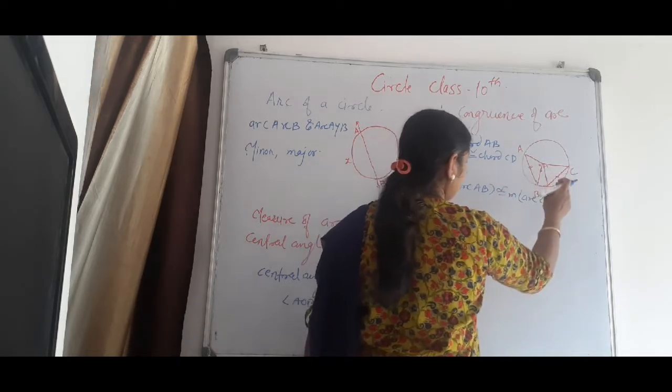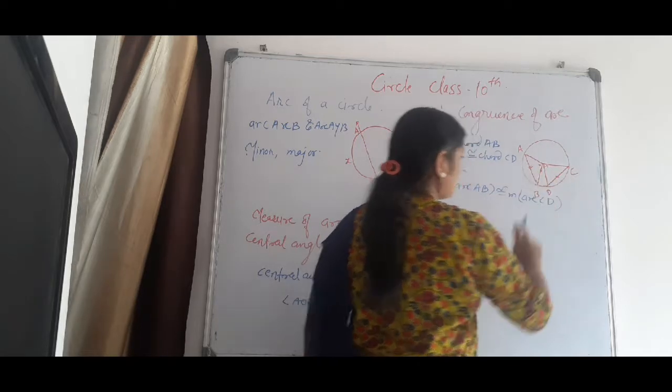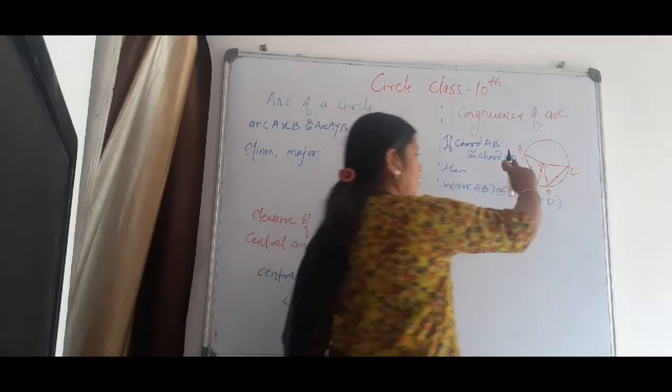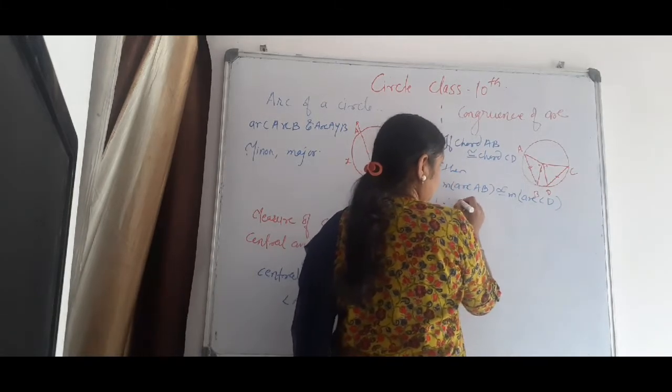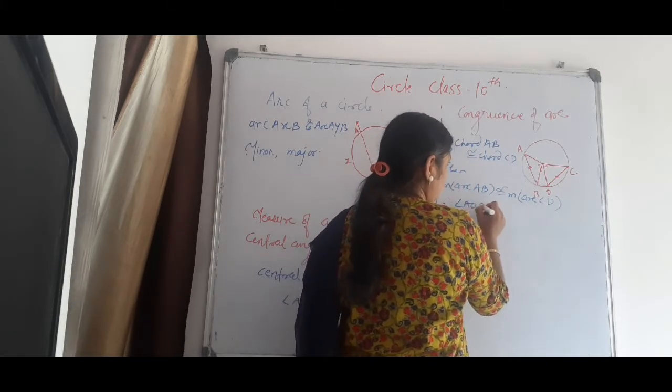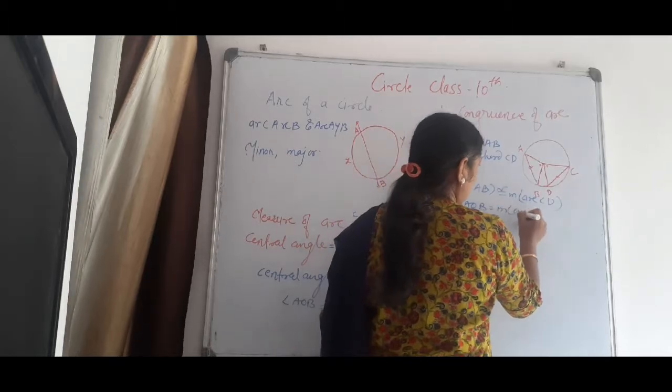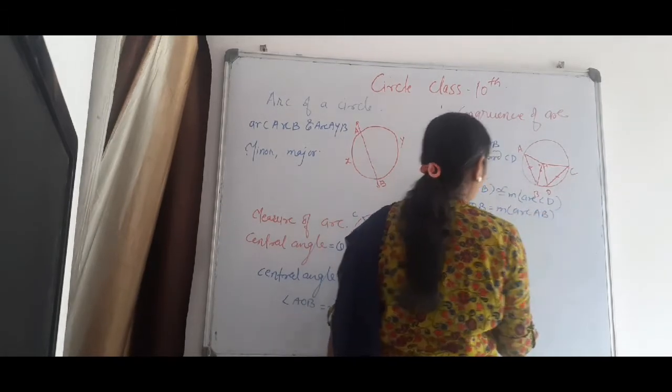The corresponding arcs are equal to the measure of the central angle, and therefore angle AOB is equal to measure of arc AB.